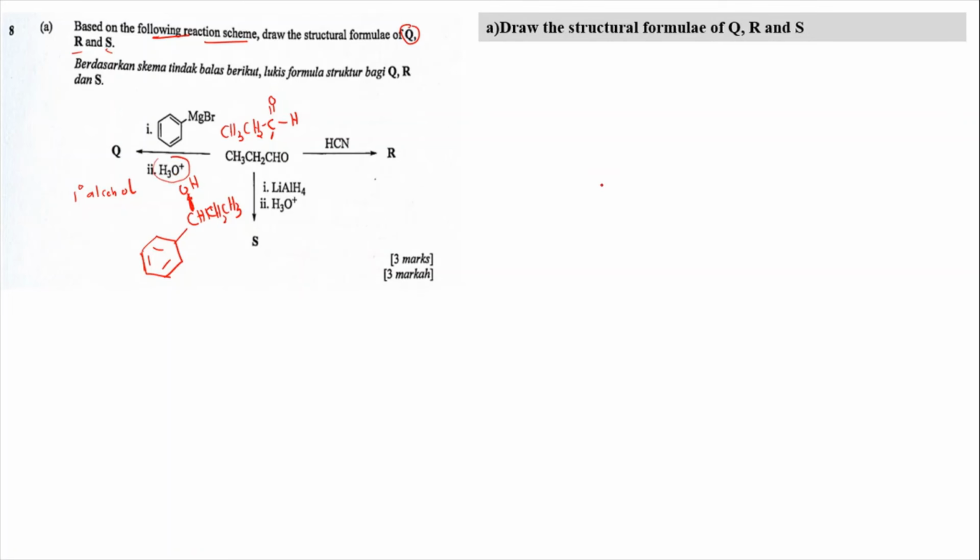Okay, so Q can be drawn as something like this, which is CHOH, and then CH2, CH3, or you can also draw it in terms of the skeleton structure here. So 1, 2, 3 carbon. So carbon number 1 is attached with OH group.